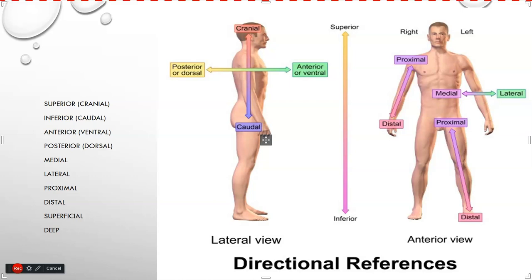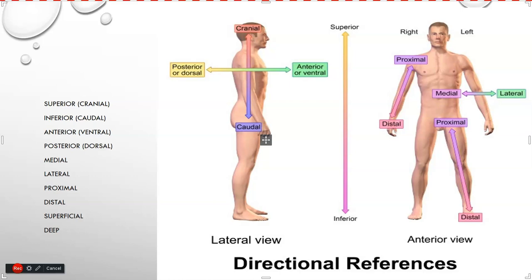Again, think of the reference point that I'm using. And much like superior and inferior, there are also other terms that can be utilized in the context of anterior and posterior. Anterior can also be ventral, and posterior can be dorsal. The best way to remember that is to think of a fish and its dorsal fin, that's the big fin on its back.